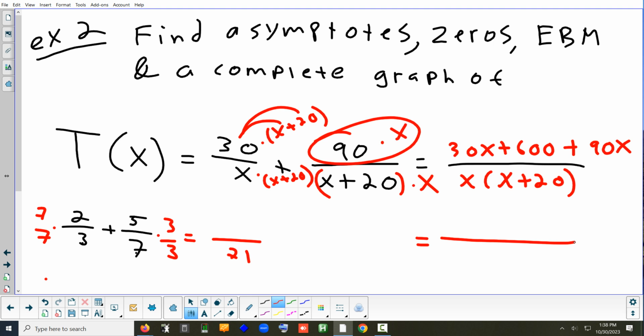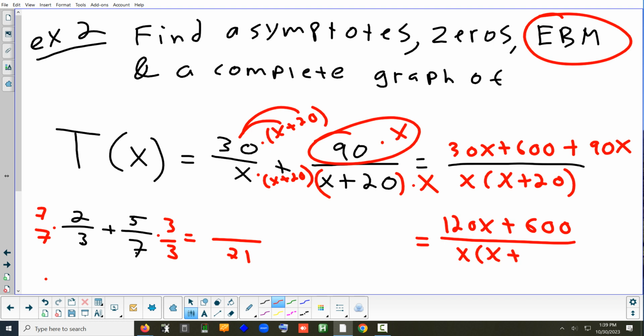Are there any like terms I can combine in the top? 30x and 90x. What's 30x and 90x? 120x. You'll see why we combine them into one fraction. It's going to be easier to have them as one fraction to do the EBM. Let's do this just like that for now. Okay.